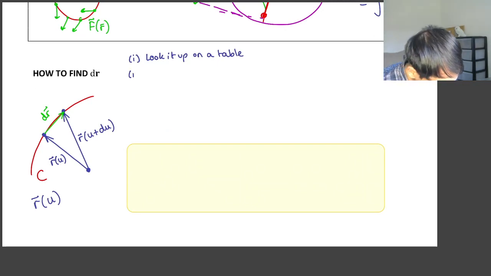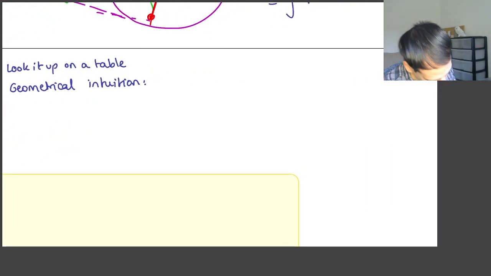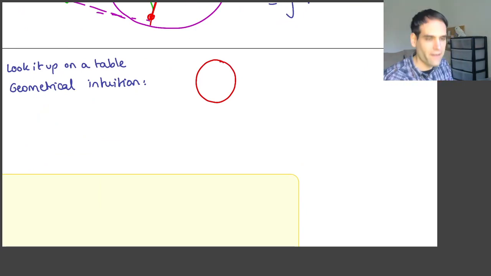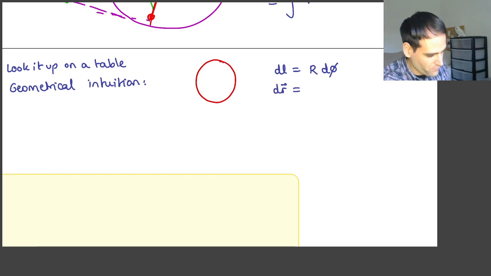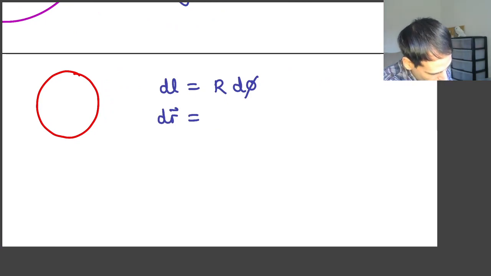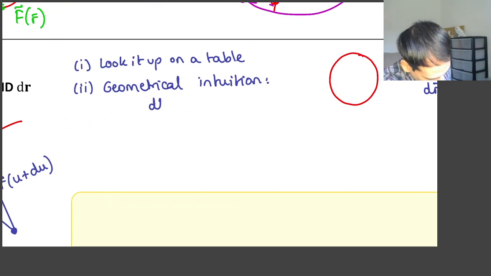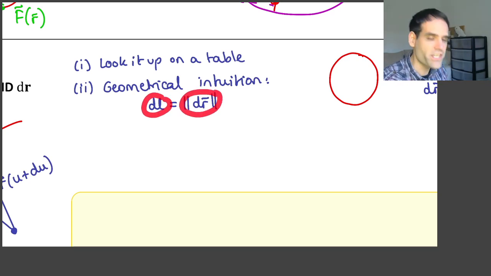Another way to do it is to use geometrical intuition. If we go back to the example of a circle, we are moving around the circle. You already know what dl is. dl is r d phi, how much you move when you increase the angle by d phi. Now we know that dr has the same length as dl. So I can write this nice equation: the scalar dl that we were finding in the previous videos can be defined in general as the norm of dr, which means that dl is just the length of the dr vector.